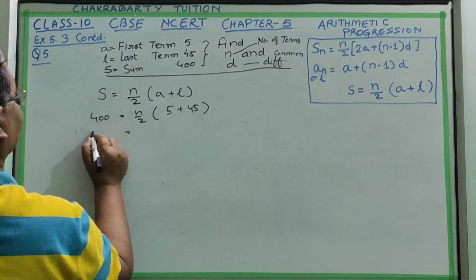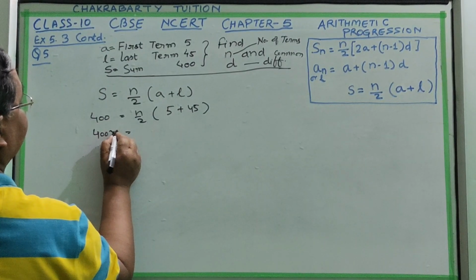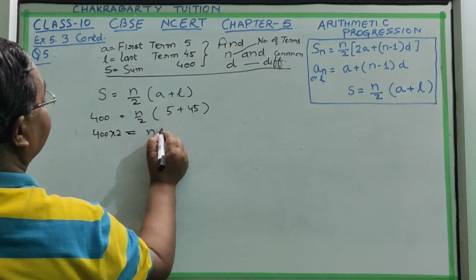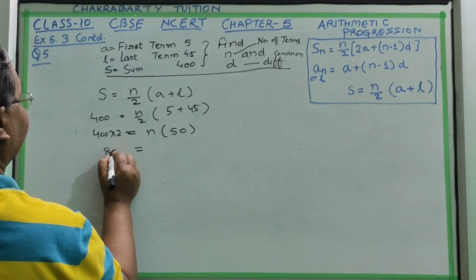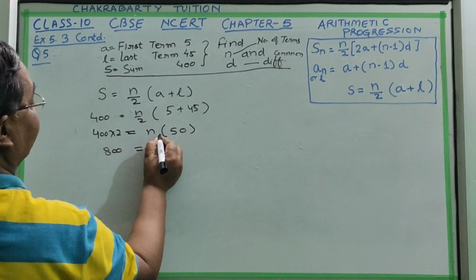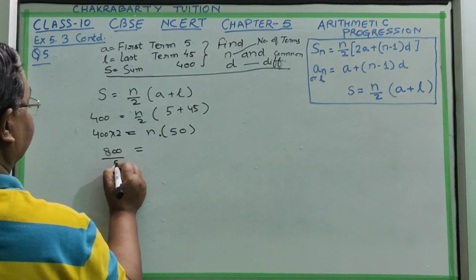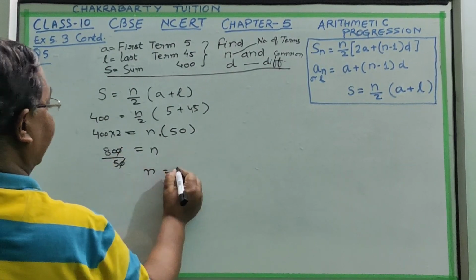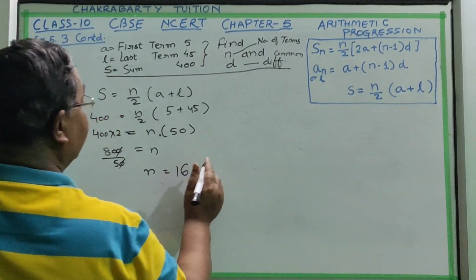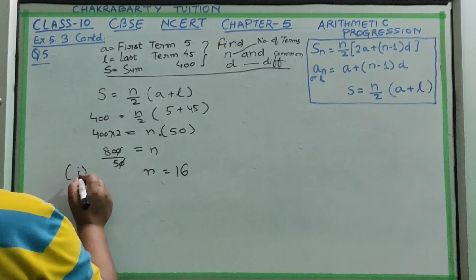So these two will come to this side and it will multiply, and equal to 50. Then 800, and the multiply sign is hidden here, so this will come down. So L is equal to 60. This will be your first answer.